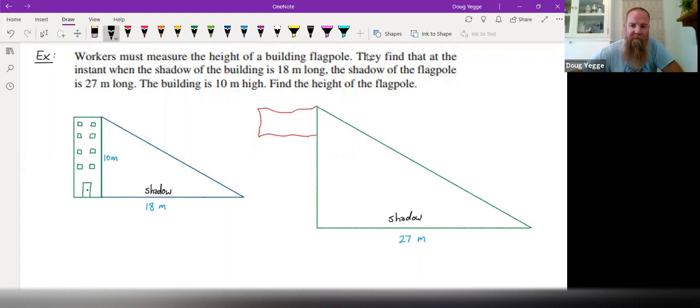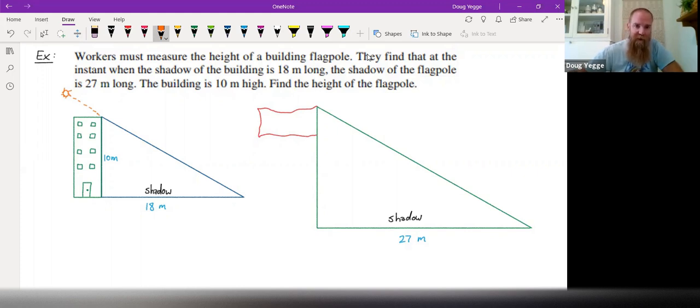And because this is a shadow and the sun is at the same elevation, regardless of where we are, the sun is shining right from up here somewhere and casting this shadow, hitting the top of the building and extending down onto the ground. And it's doing the exact same thing to the flagpole.